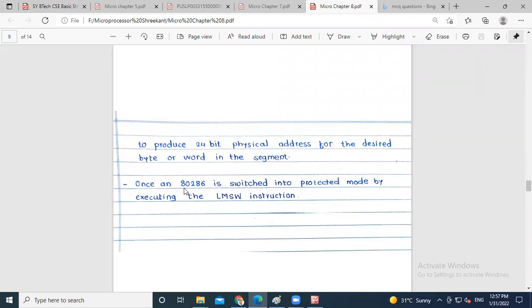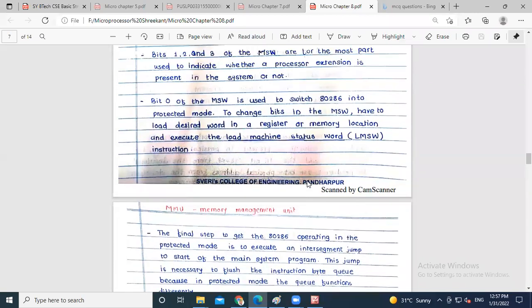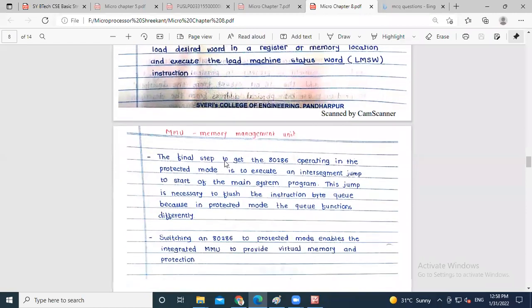The 80286 is switched into protected mode by executing the LMSW instruction. What is LMSW? The LMSW is nothing but the load machine status word instruction. So this is about memory management, exception, and architecture of the 80286. That one is also used for this purpose.